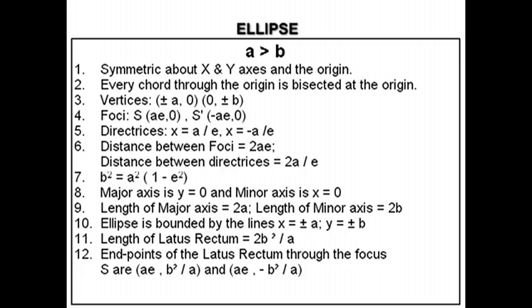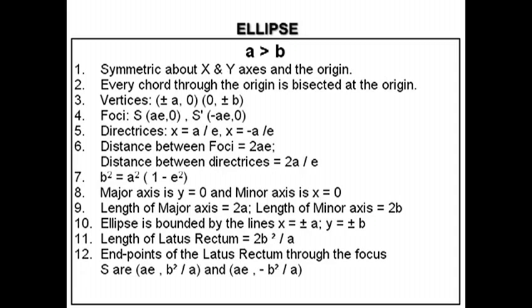The vertices of this ellipse are (±a, 0) and (0, ±b). This ellipse has two foci, S(ae, 0) and S'(-ae, 0). The corresponding directrices are x = a/e and x = -a/e.